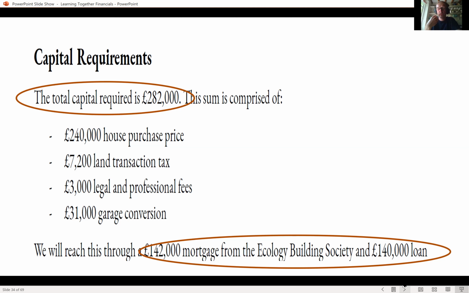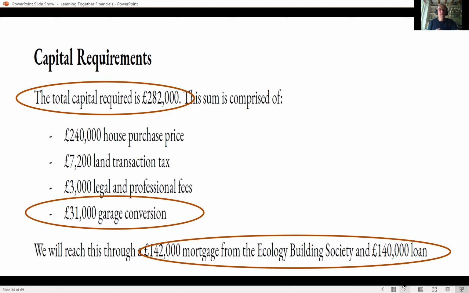Just as you would do as a private buyer, you're getting a mortgage, but you need a deposit. It's the same for housing co-ops, but rather than individuals paying that, the business is paying for it as a housing co-op. And the way they get their deposit is usually through loan stock. Sometimes it might be through donations and things like that.